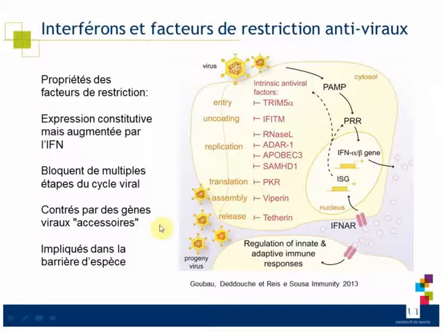And then what tends to occur is that both the viral accessory genes and the host restriction factors are under selection pressure. This leads to host-virus adaptation, and it's important in the species barrier that prevents us from catching viruses from a whole bunch of animals.